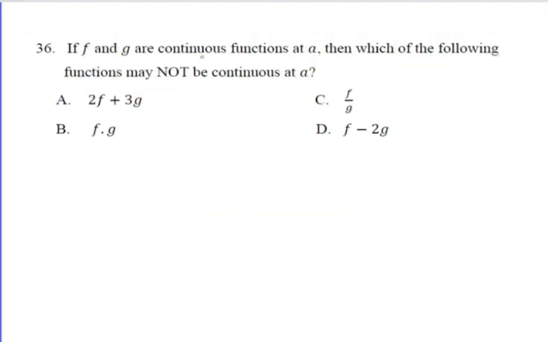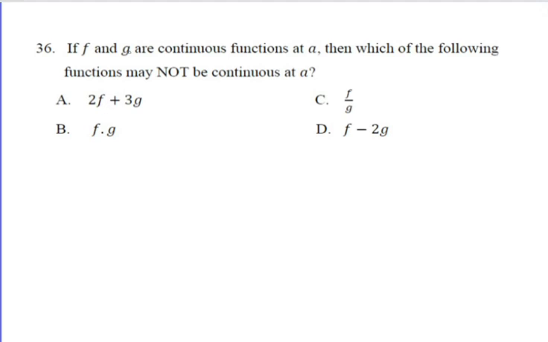If f and g are continuous functions at a, which of the following functions may not be continuous at a? We need to remember only the principles of continuity for two or more functions.